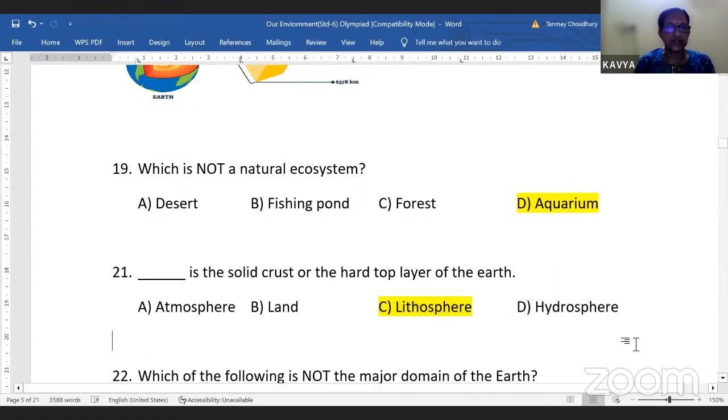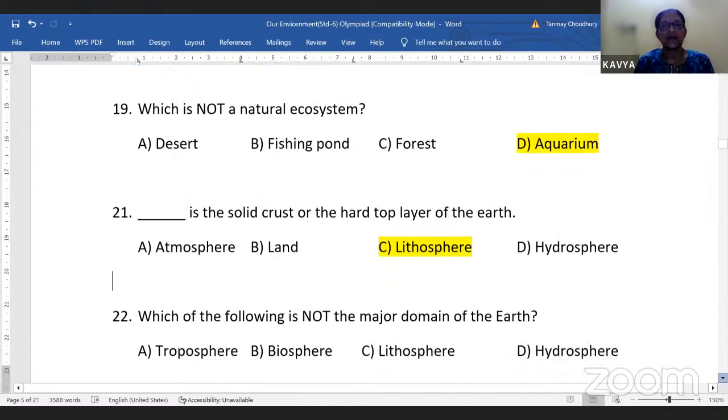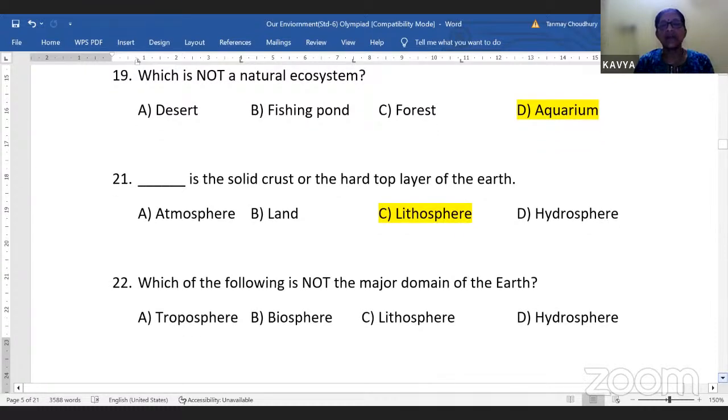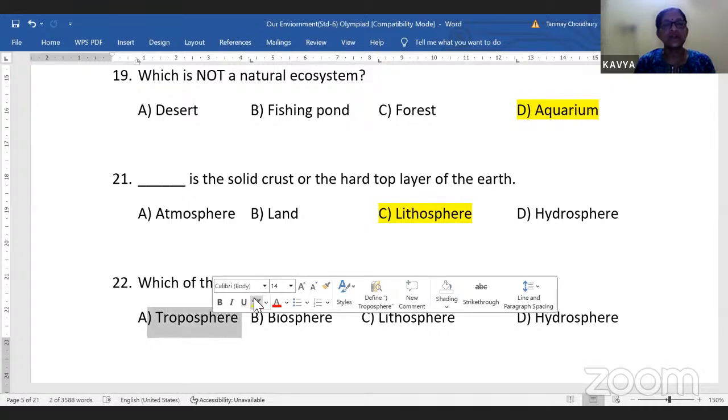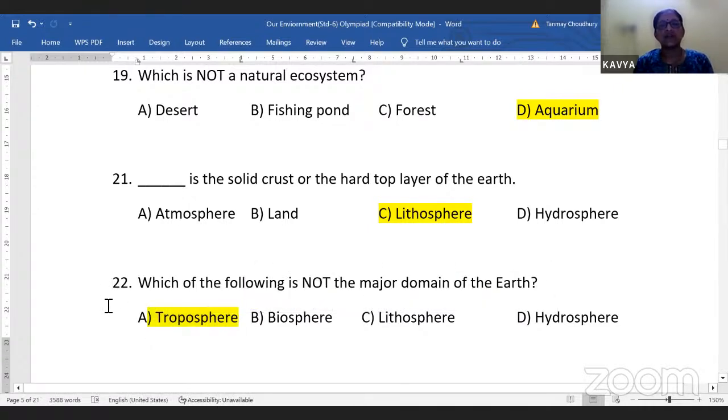Yes, water is also there, but water forms the hydrosphere. Which of the following is not a main domain of the earth? The troposphere. Troposphere forms the innermost layer. The rest of them are the main domains of the earth: the biosphere, the lithosphere, and the hydrosphere.